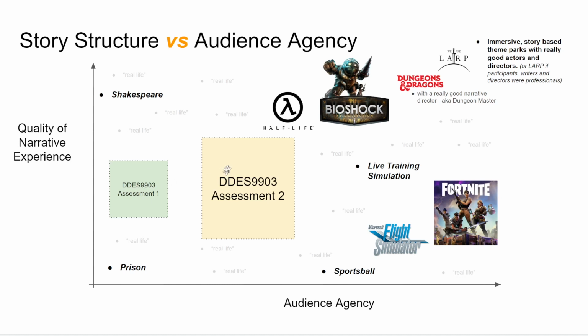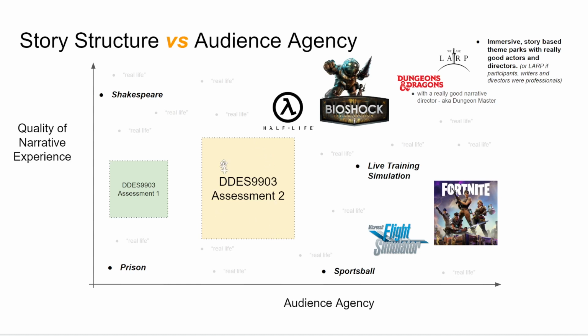So now for assignment 2, we want to go a little bit beyond that, but you can see that the quality of narrative experience has now sort of expanded, because naturally, as we explained, if we were to demand more audience agency, the risk is the narrative experience could possibly go down.